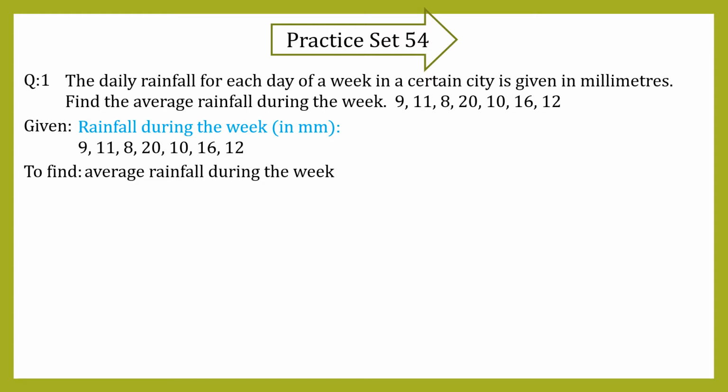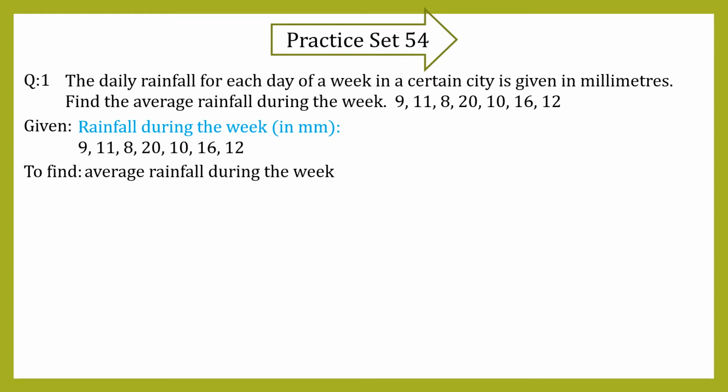So dear children, we have already learned a general formula to find average. That is, average is equal to the sum of all observations upon the number of observations. So here the observations in this sum are nothing but the rainfall during the week. So we are going to add all the readings from Monday to Sunday, that is the whole week's rainfall readings.